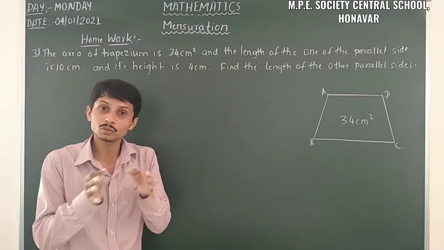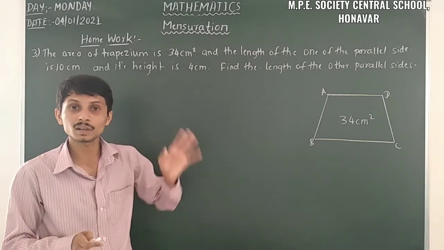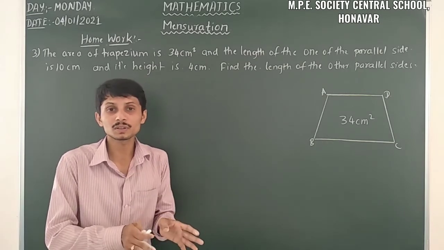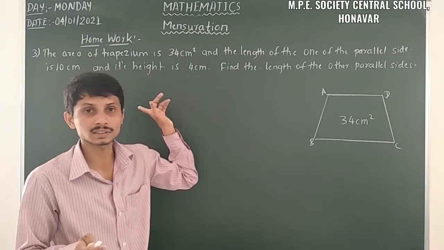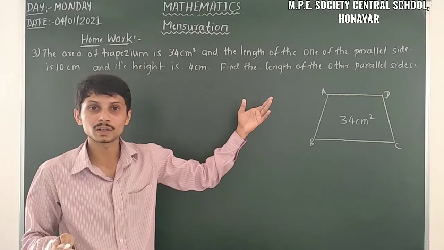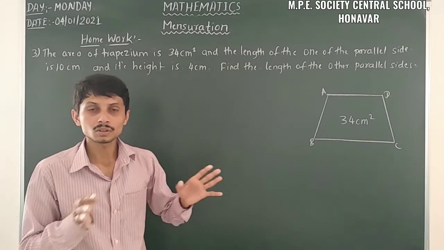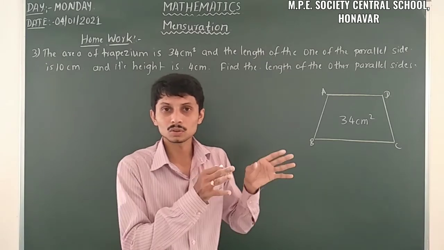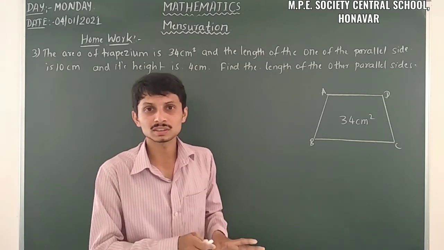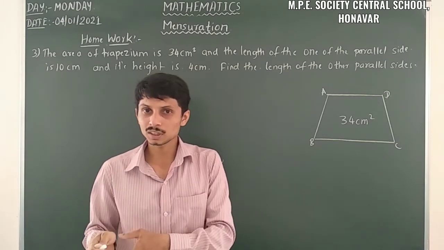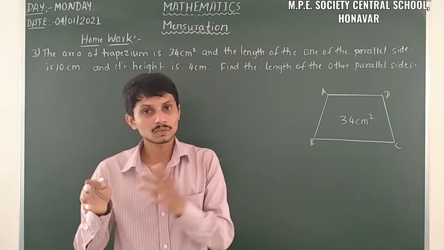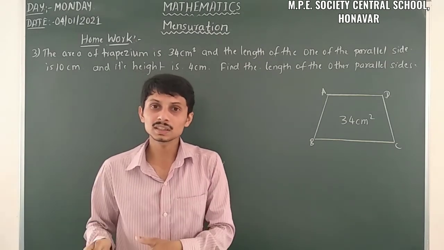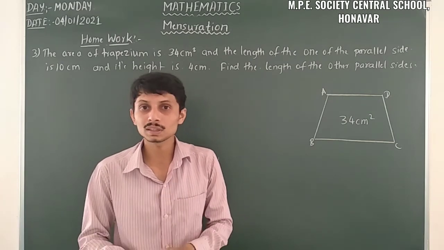When you take A equal to 10 centimeter, you have to find out the value of B. And if you take B equal to 10 centimeter, then we have to find out the value of A. Area of trapezium is equal to half into h into a plus b. In place of the area, insert 34, in place of h insert the value of h, and in place of a or b insert the given value, and the unknown value remains as it is.